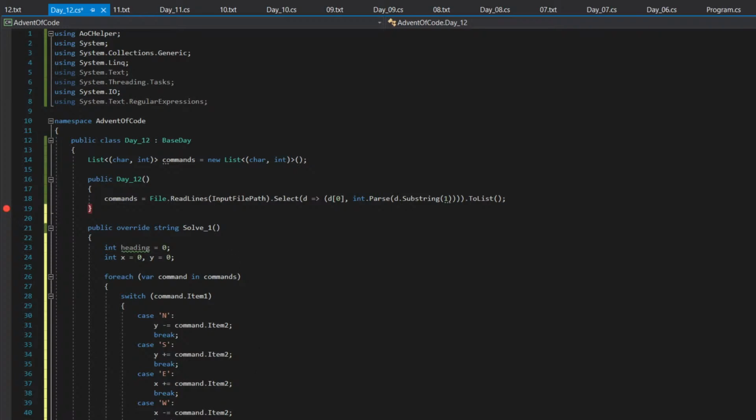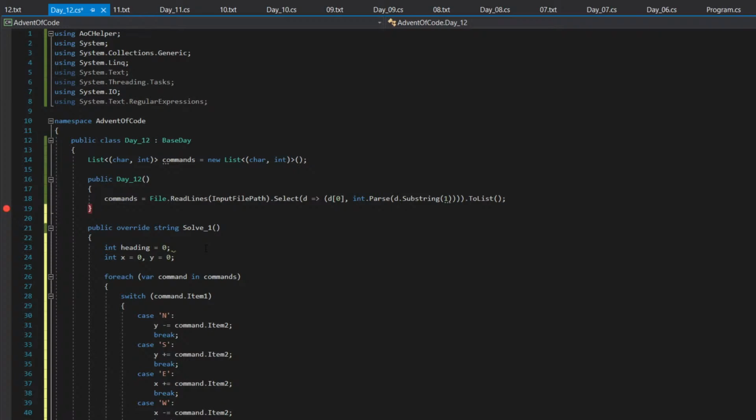So if we get F, we need to move in our heading. So let's just say this. Our heading equals E. Right now, what do we want to do for heading?